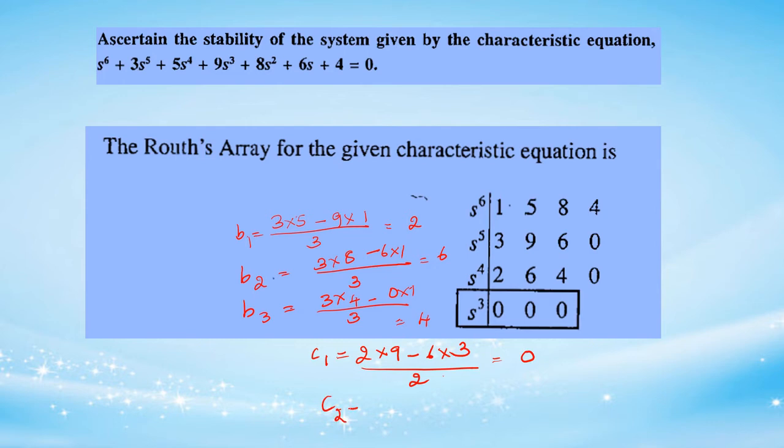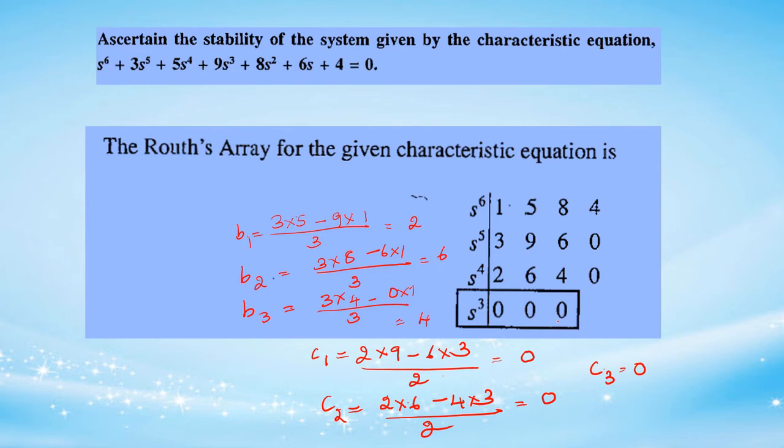Again, the C2 value is (2 into 6 minus 4 into 3) by 2, so 12 minus 12 is 0. For the C3 value, we have (2 into 0 minus 0 into 3) by 2, that is 0. See, the s cube row has all the elements as 0.